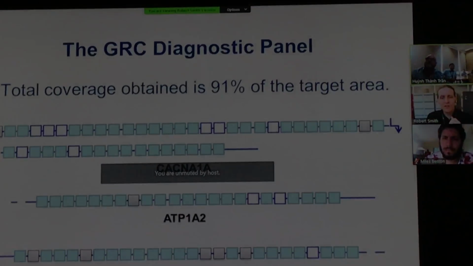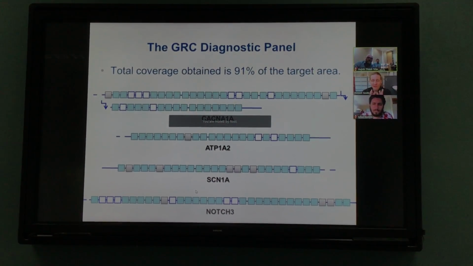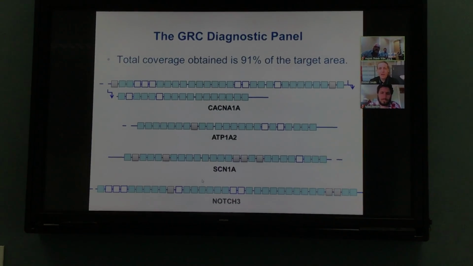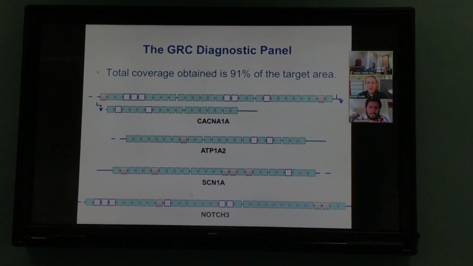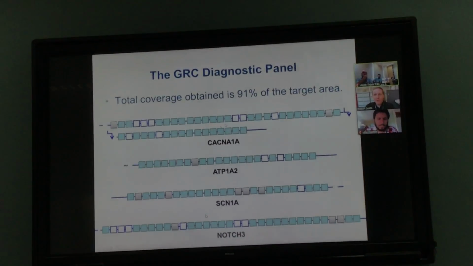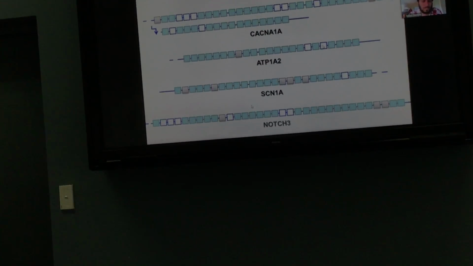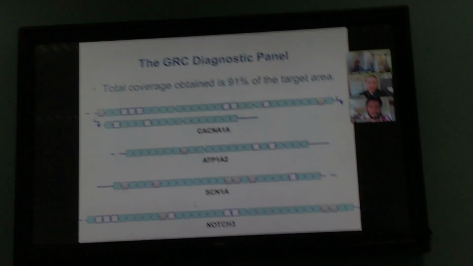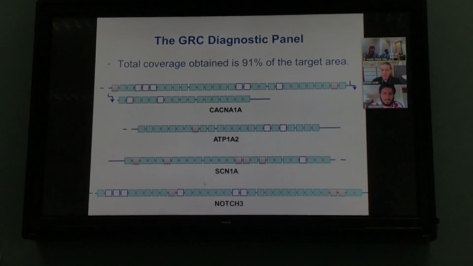So this is just the genes that are involved in our panel, with complete coverage. And this gives you an idea about how many exons are involved. So the blue boxes and white that you can see here, these are the exons that we used to do when we do this by direct Sanger sequencing. These are the exons where most mutations occur. But we're still only getting about 5% of patients with those.